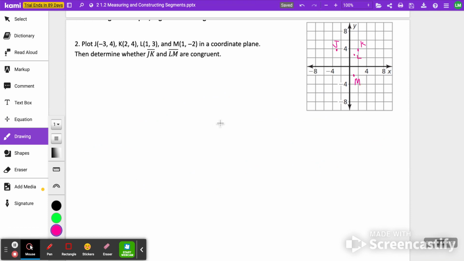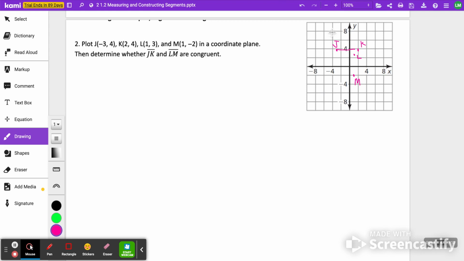All right, now that you've got your points plotted, we're going to talk about the distance and congruence here. Once you plot these points, determine whether JK and LM are congruent. First you want to look at JK. J to K is 1, 2, 3, 4, 5 steps apart.